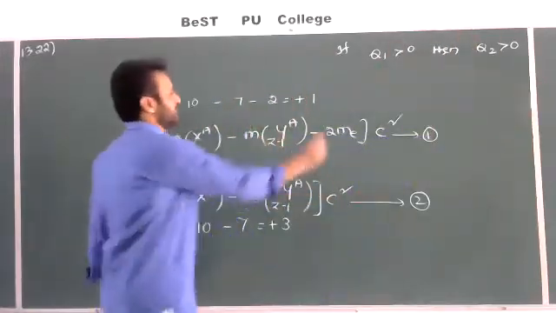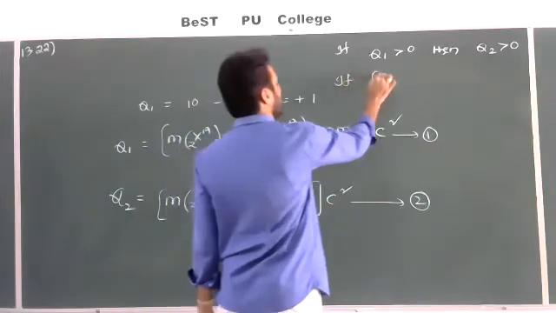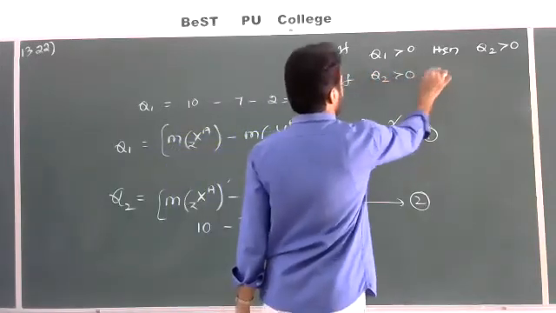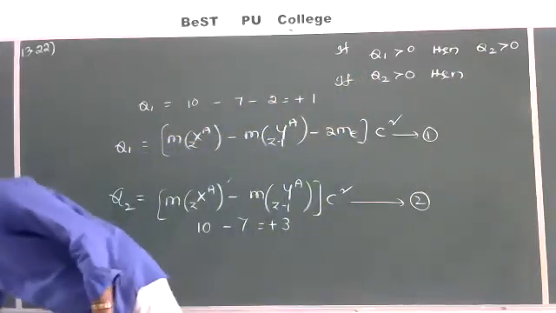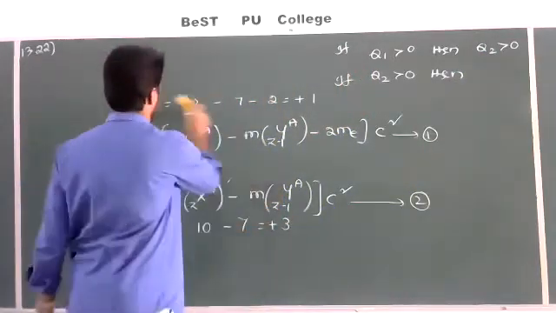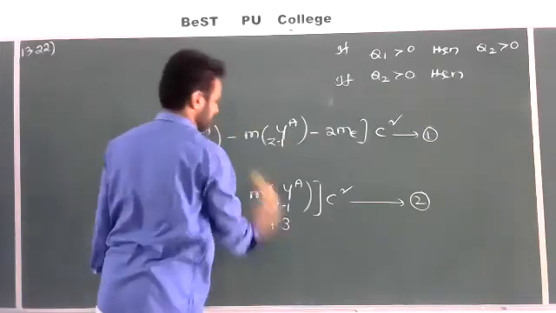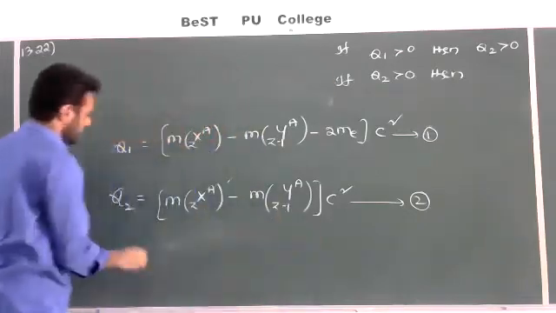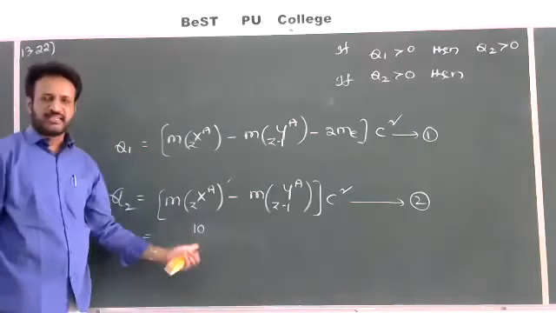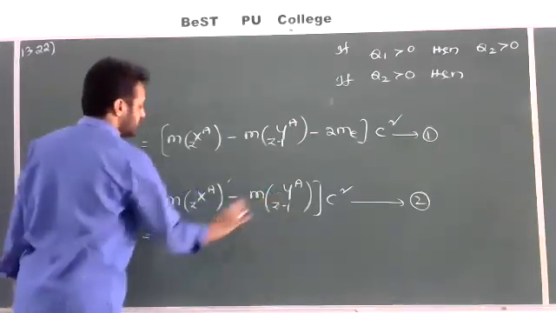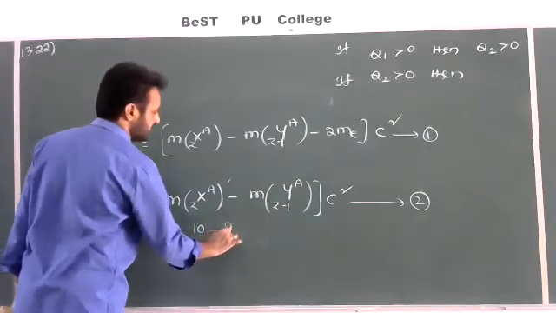Now I'll compare. If Q2 is greater than 0, then what about Q1? We have to check the reverse. Check here. I'll take, for example, Q2. This value is equal to 10, and I'll take this value, for example, 9. Correct?